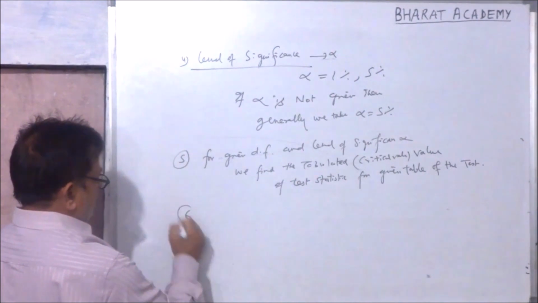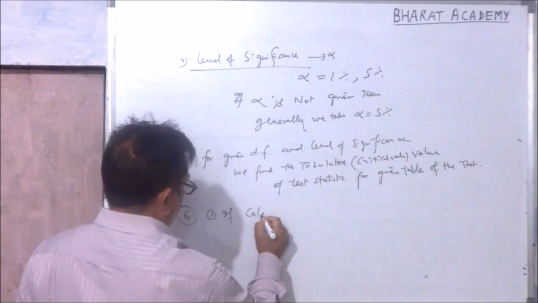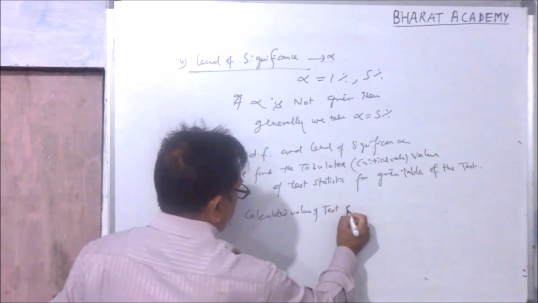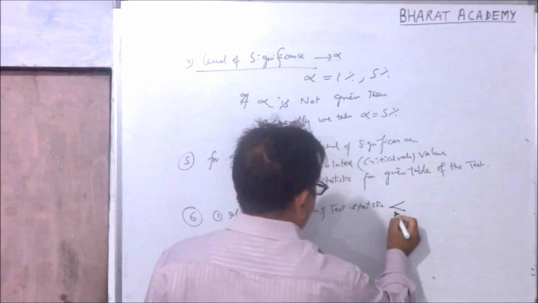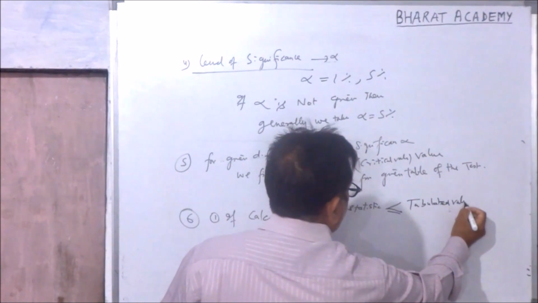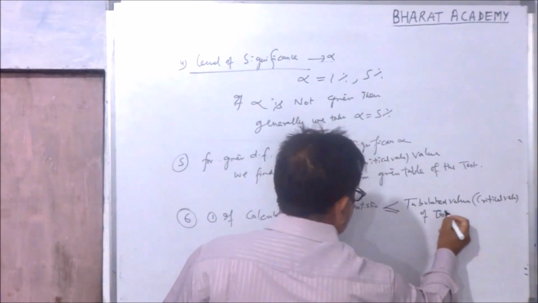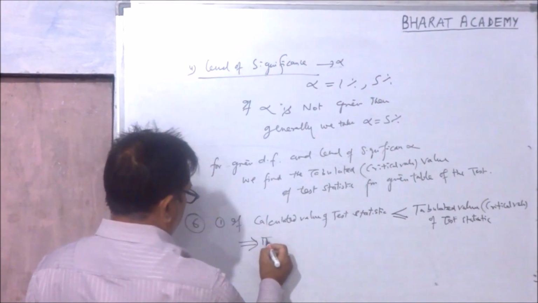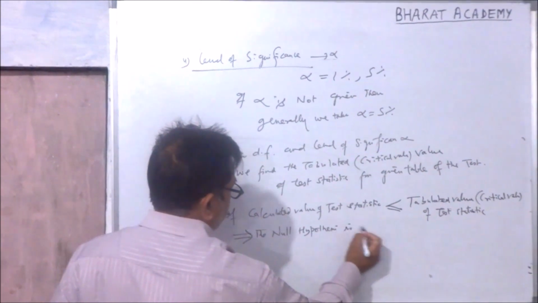The sixth step is if the calculated value of test statistic is less than or equal to the tabulated value, or you can call it the critical value, of the test statistic, then the null hypothesis is accepted.